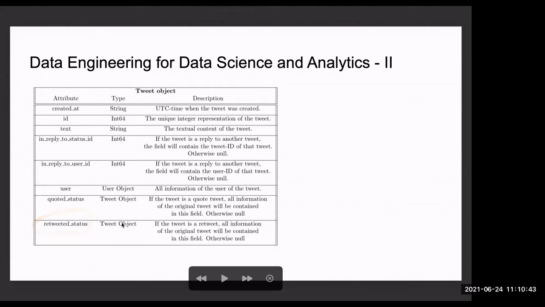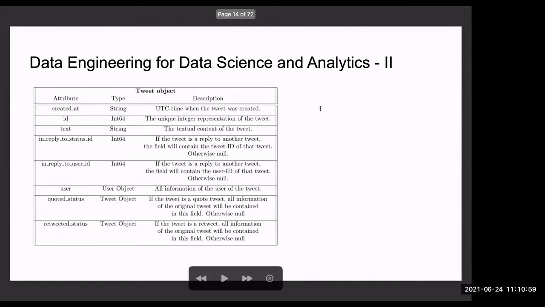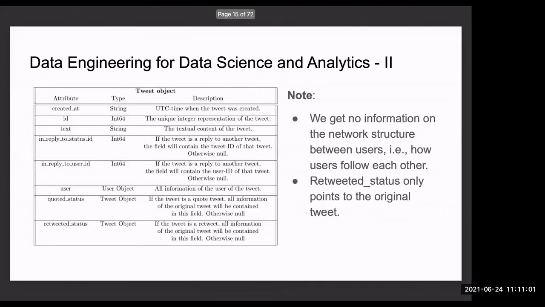That is another tweet object, so the original tweet will have its own timestamp, its own unique ID, and also the user of the original tweet. Note that if we look at the user object again, we have no network structure between users. So we cannot say anything about how users are following each other.